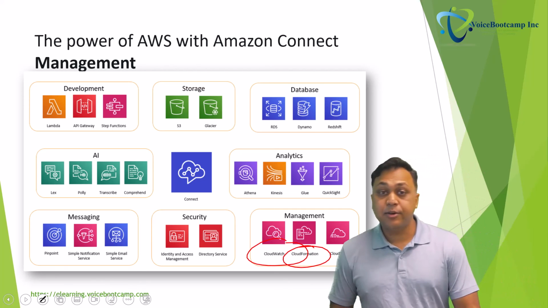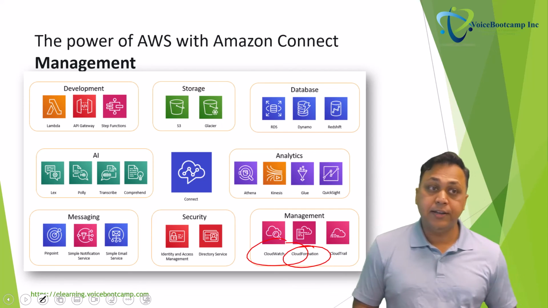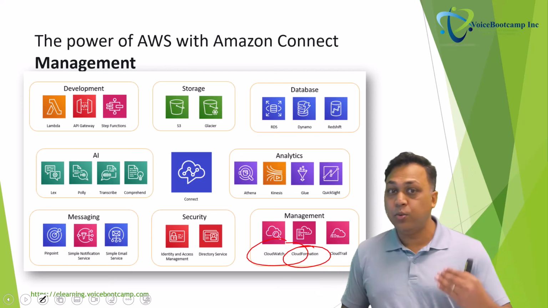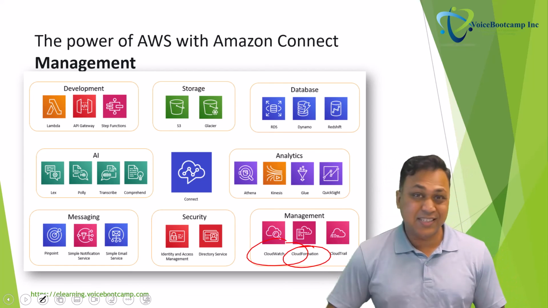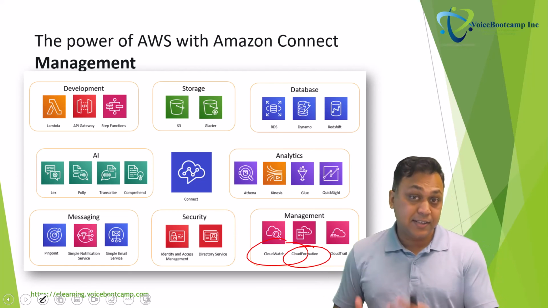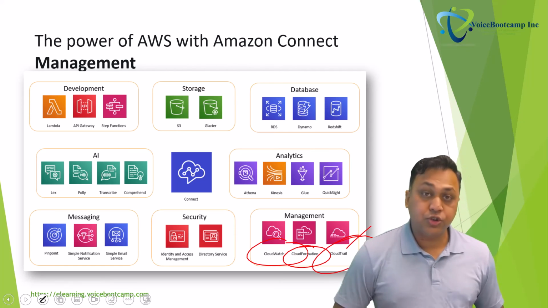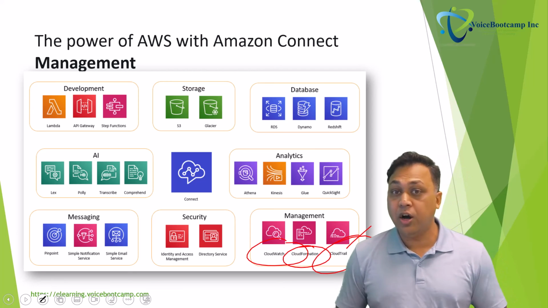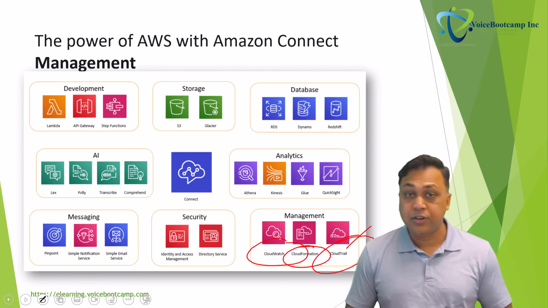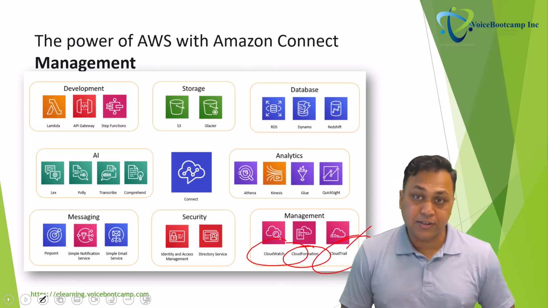Now, one of the things a lot of companies are looking for is the ability to find out who made what changes, of course, for any sort of incidents that might happen. Amazon Connect uses CloudTrail to provide a record of any Connect API calls that were made to your AWS account.